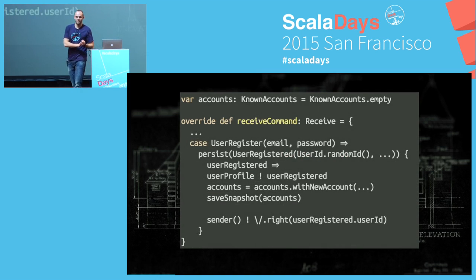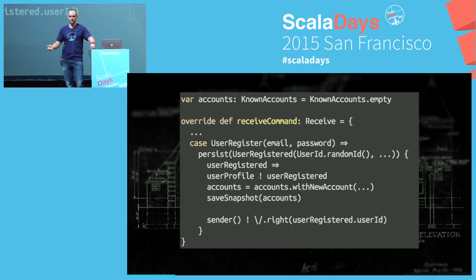Okay, nice and easy. Let's deal with a slightly more complicated case. This is where I have a request for user registration with an email and a password, and the email I haven't seen yet. It is not in my known account collection. So what I'm going to do is persist the user registered event. By the time the function that replies to the sender executes, I have the event in my journal. I won't ever forget.